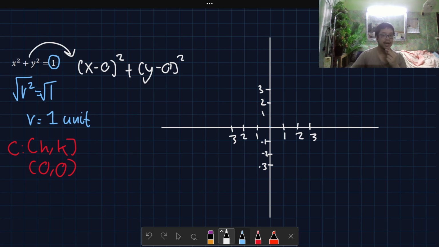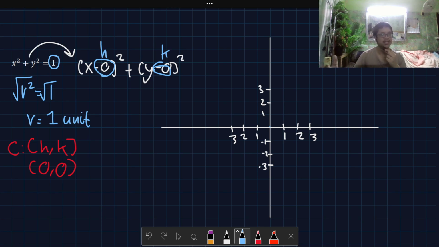So for us to get the h and the k, all we need to do is change the sign here. It's minus 0, so it should be positive 0.